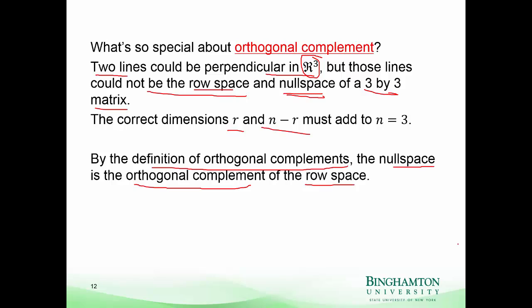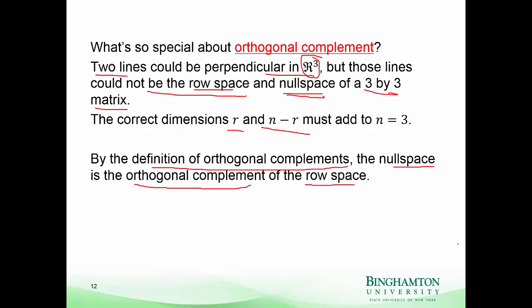They are one and the same. They go both ways, okay? And like I said, they work together to build the whole space, in the sense that any vector in the whole space can be written as a linear combination of one vector in V and one vector in V perp.